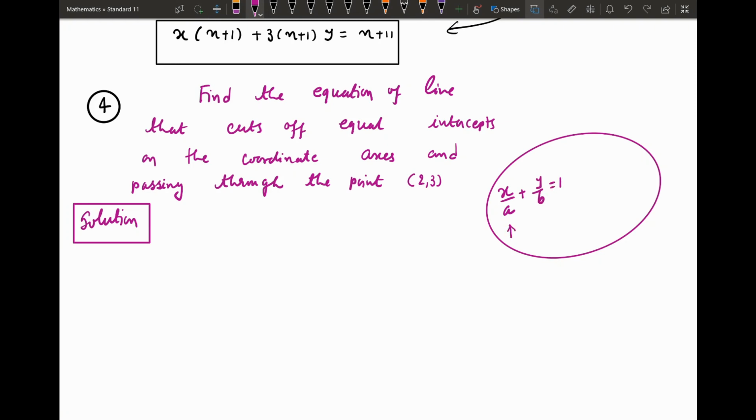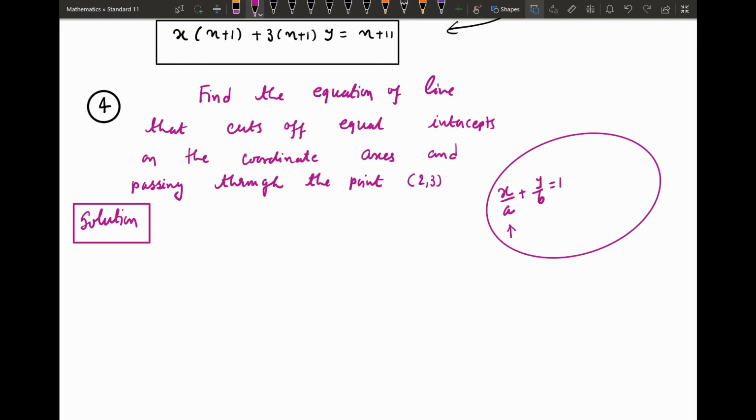A is the x intercept, that means the line intersects the x axis at the point (a, 0). B is the y intercept, so the line intersects the y axis at the point (0, b).